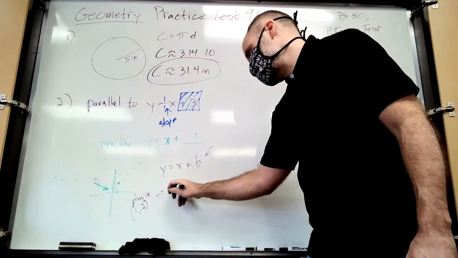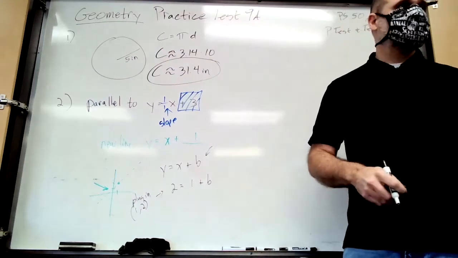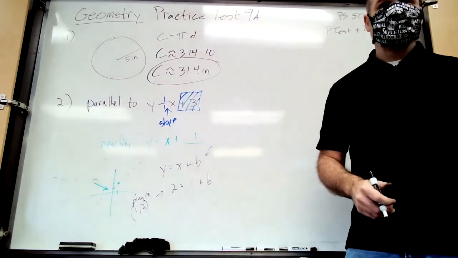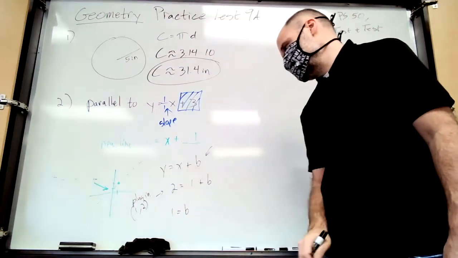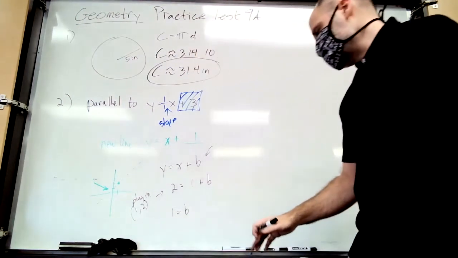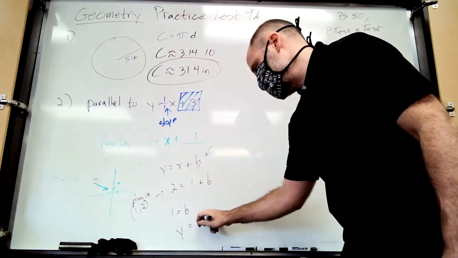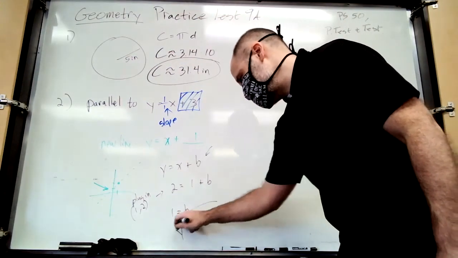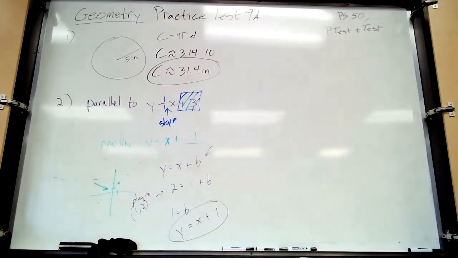So you get 2 equals 1 plus b. So what's b? b equals 1. Now I've got my slope and my intercept. So there's your answer.